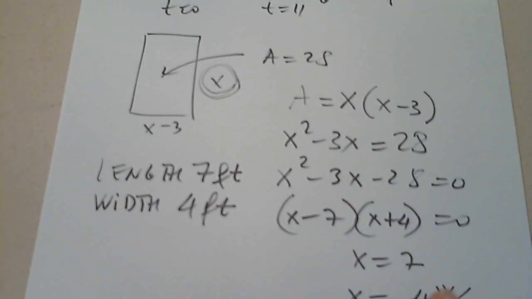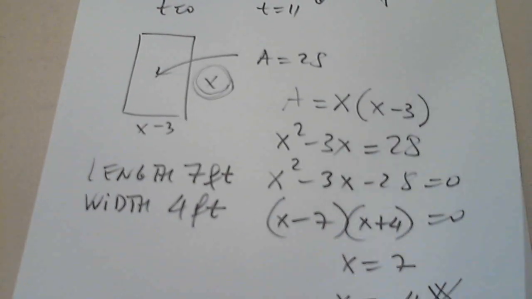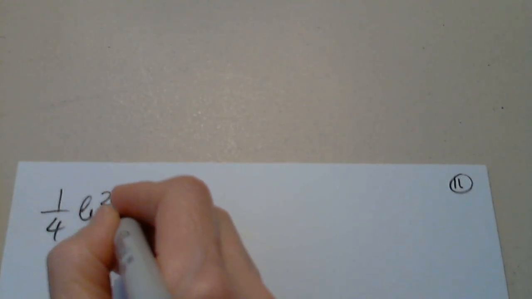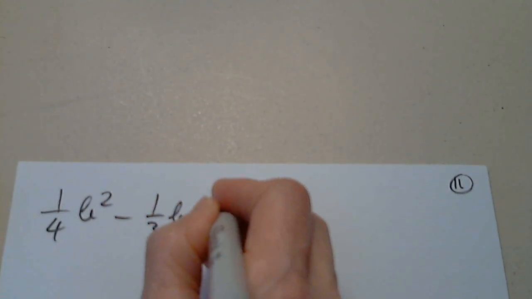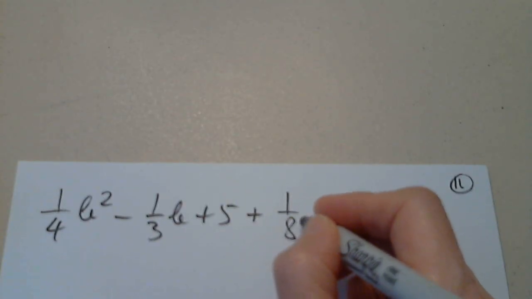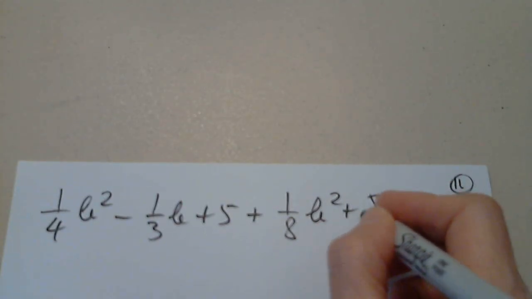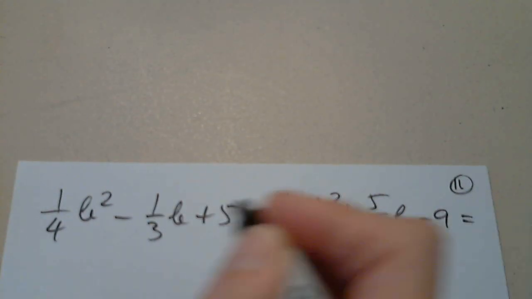Yes. So let's work on it. So we have 1/4 b squared minus 1/3 b plus 5 plus... parentheses are not needed when we add. We just have to be careful to copy correctly.